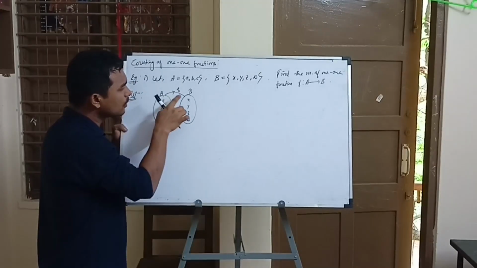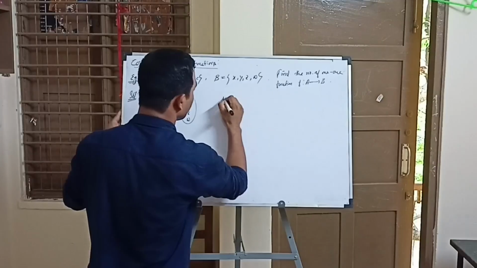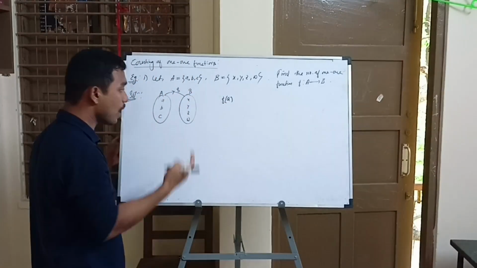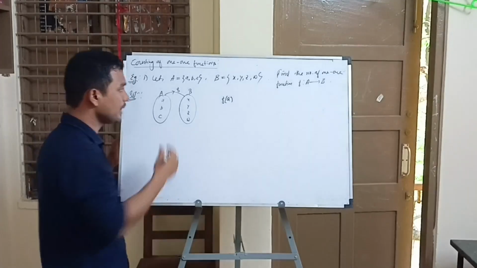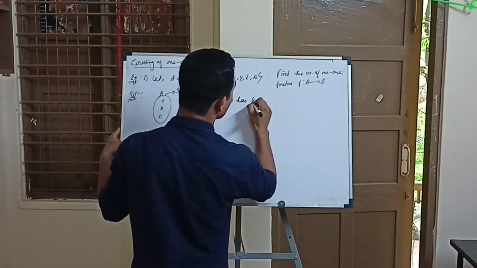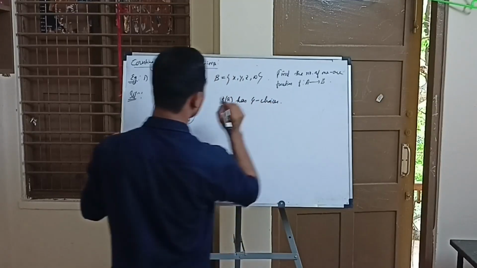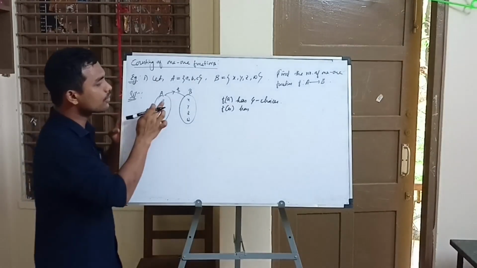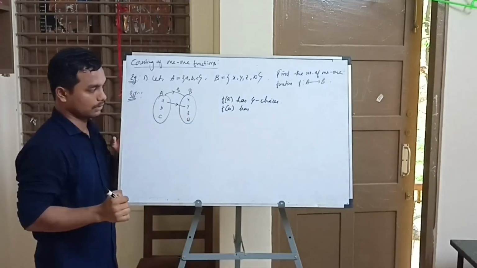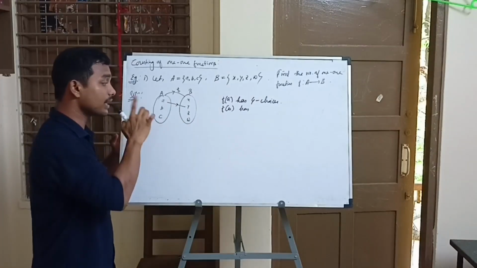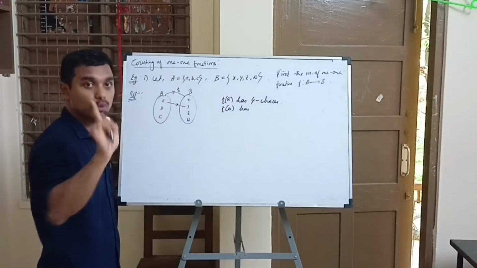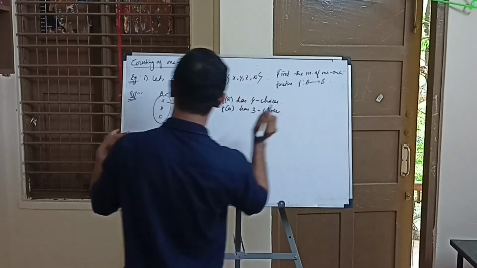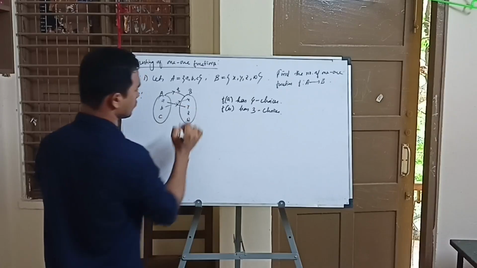Now let's observe. The image of a has 4 choices. The image of a may be x, maybe y, maybe z, and maybe w, right? Then the image of b has how many choices? Suppose the image of a is y. The image of b has 3 choices because the image of b cannot be y, since the function is one-one. Suppose the image of b is x.